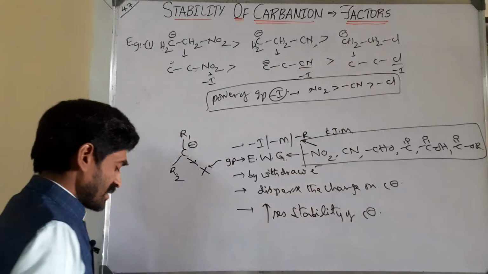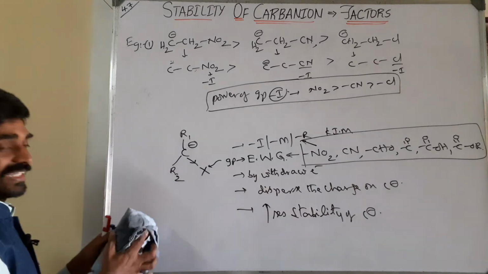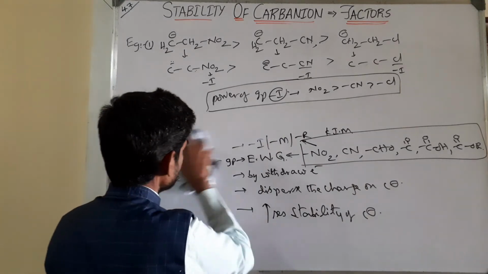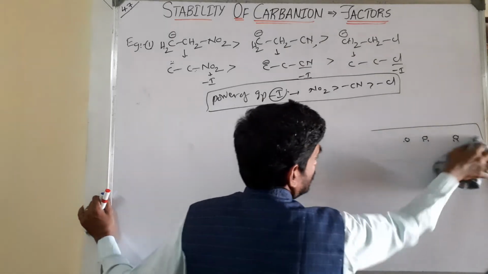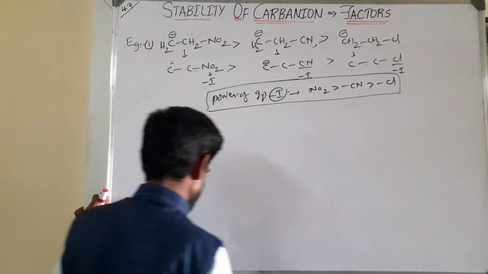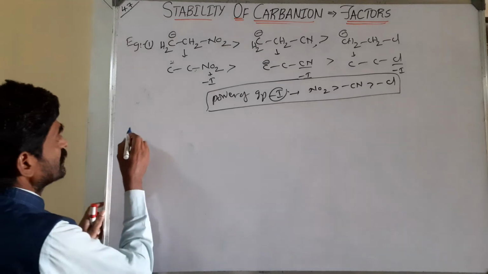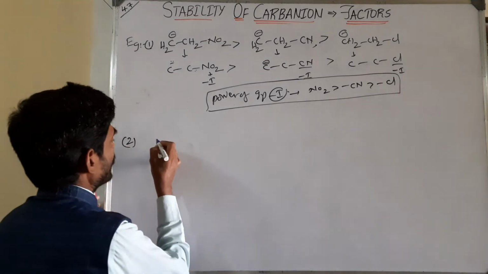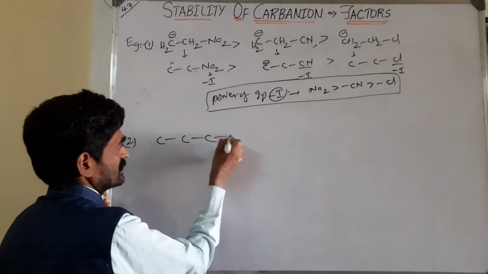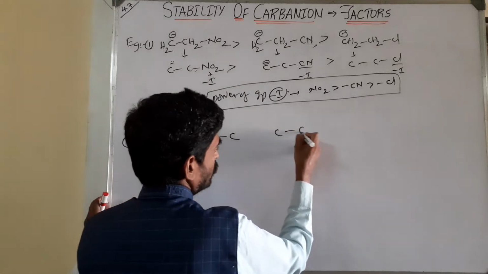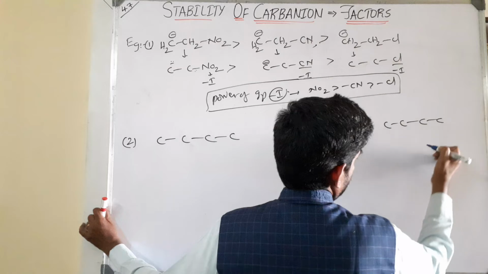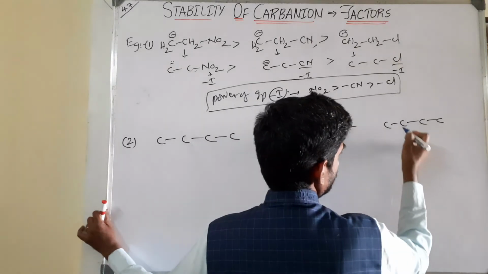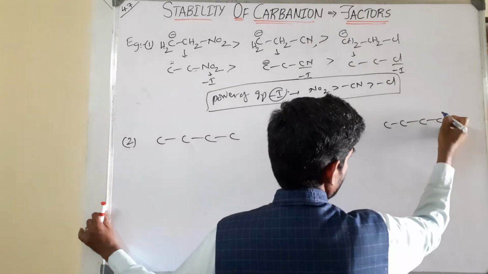Next, second example. So this is the way to study; you will get a clearer explanation. Another example. For example, the compound is like this. Four carbons are there. In this case, a negative charge is present here.